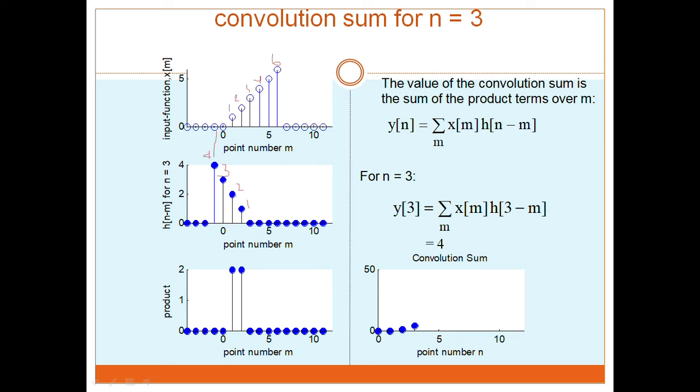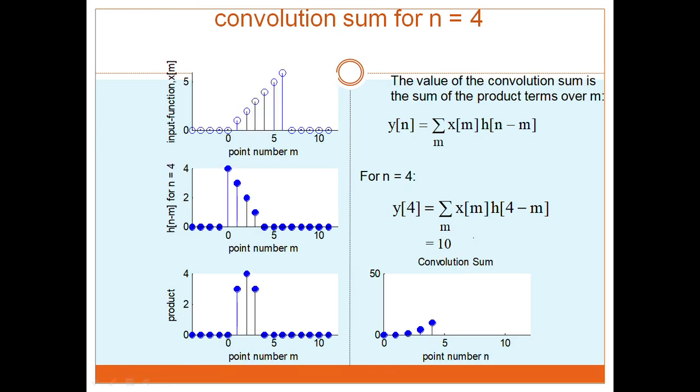So 2 multiplied by 1 is 2, and the next one, 1 multiplied by 2 is 2. So 2, the first one, and 2, the second one, the sum of this convolution is 4.